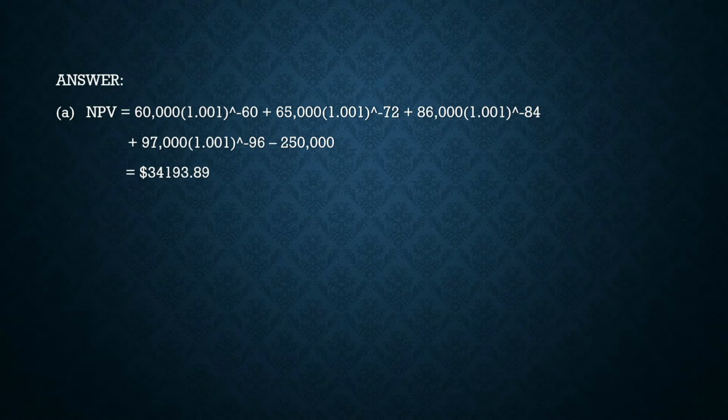We get the answer 34,193.89. The answer for B: NPV is bigger than 0, so the business venture is profitable. That's from me. Thank you.